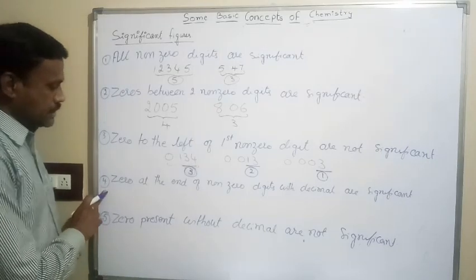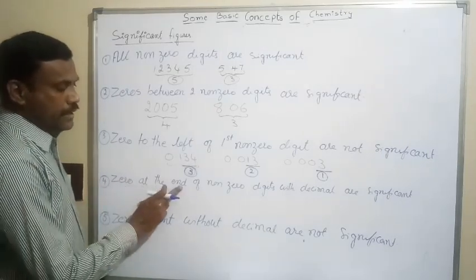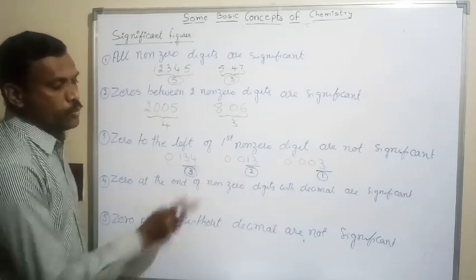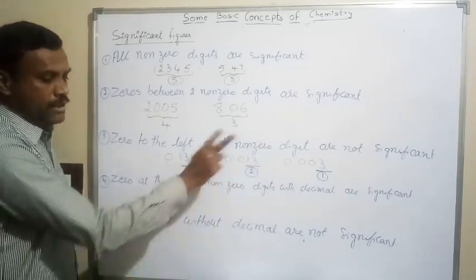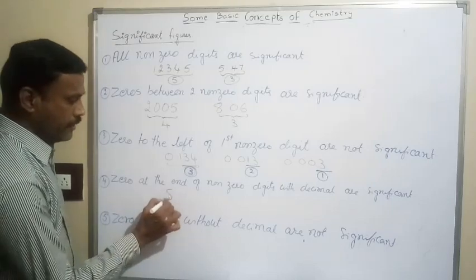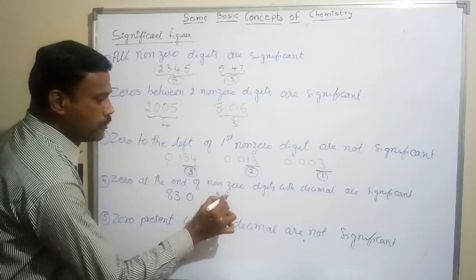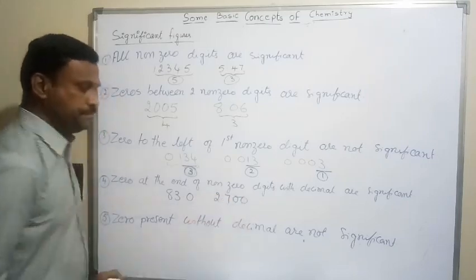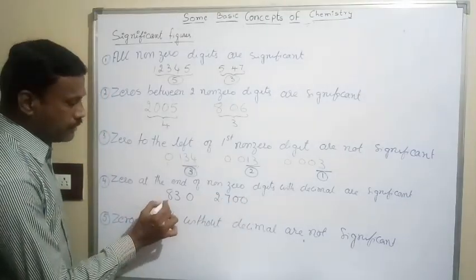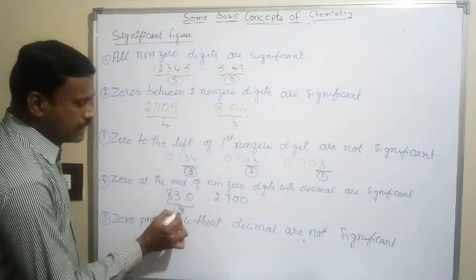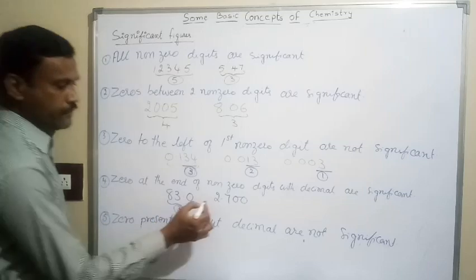Fourth rule says zeros at the end of non-zero digits with a decimal are significant. For example, 83.0 and 2.70. The total number of significant figures is 1, 2, 3, so it has 3 significant figures.